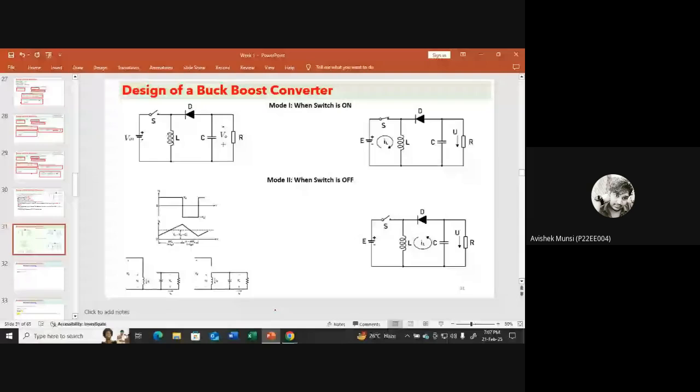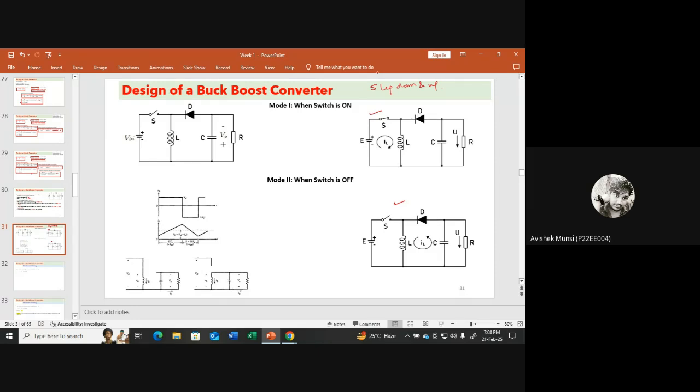I'm deriving the buck boost equations in a little faster way. Try to understand it. So this was the case when the switch will remain on, and this is the case when the switch will remain off. So this is basically a buck boost converter, that is, it can work as both step down and step up. So during the on time, this diode will not conduct, right?